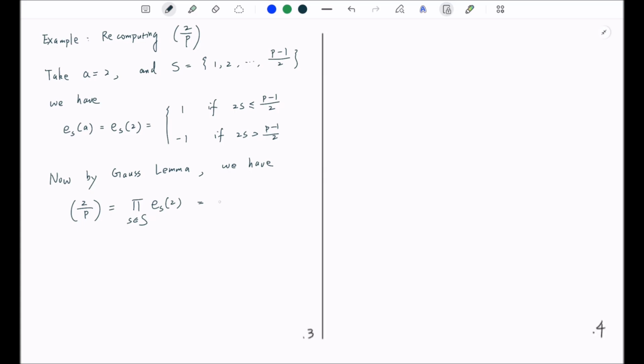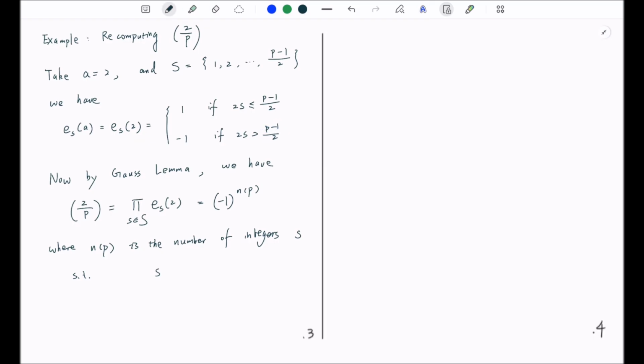And this is equal to some power of -1. We put the exponent n(p) here, where n(p) is the number of integers s such that 2s is bigger than (p-1)/2.